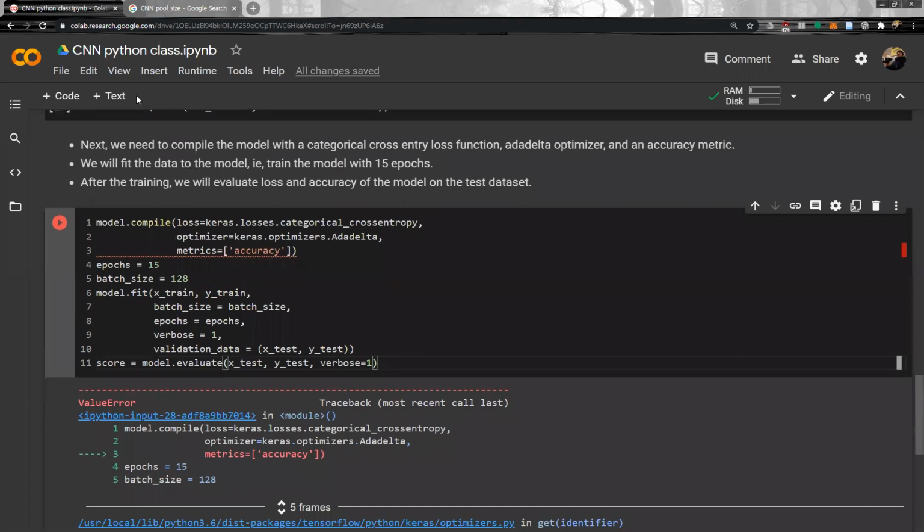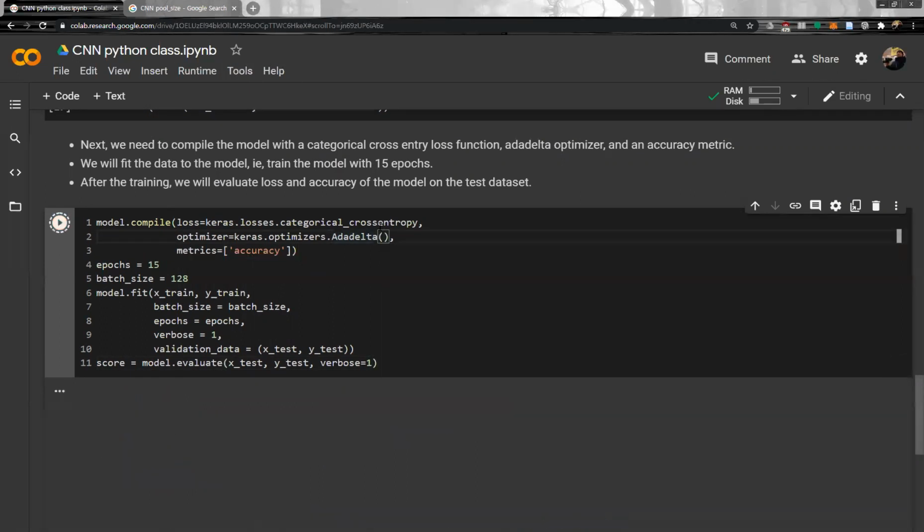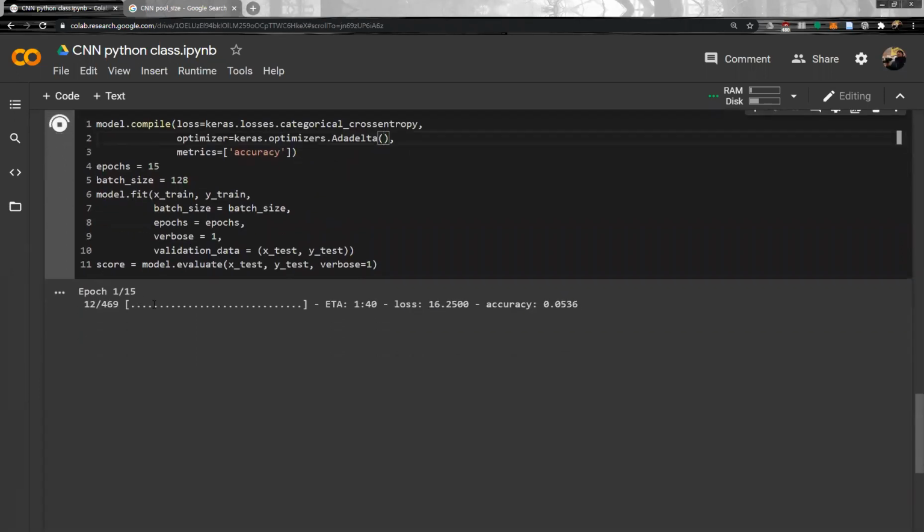Okay, so we have the loss, metric accuracy, metrics and accuracy, Adadelta. Okay, so first run. Wow, it is very slow.